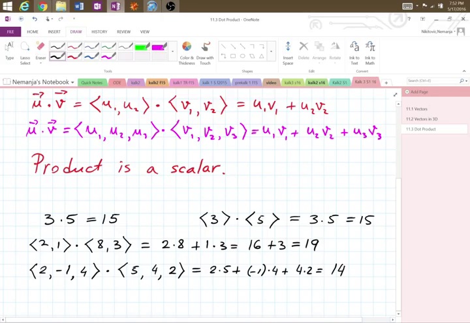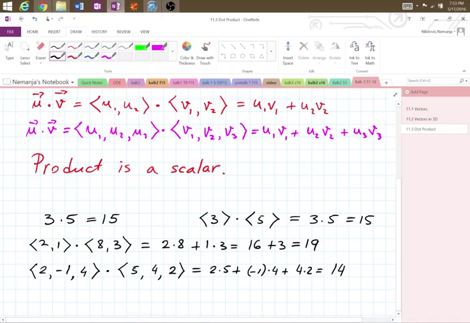So when we multiply two vectors using the dot product, we get a scalar quantity. This is the multi-dimensional multiplication you already know. I started with 3 times 5 is 15, and then you can think of those 3 and 5 as vectors, actually, and those vectors will have no direction because they only have the magnitude.